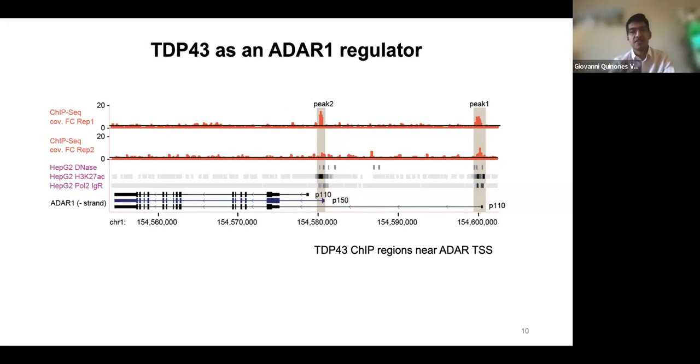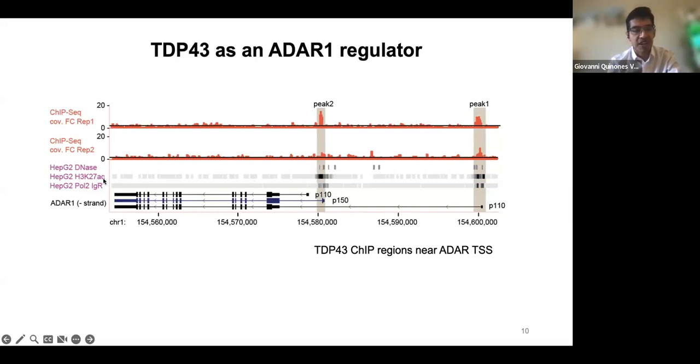And these peaks also overlap other significant features. For example, we have other regions of DNA that were found from DNase assays that show regions of open chromatin.